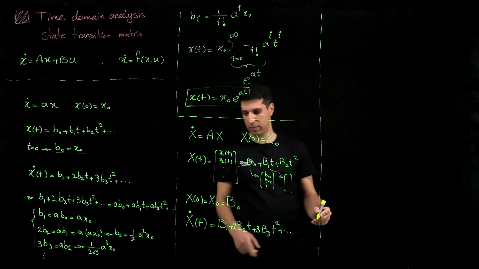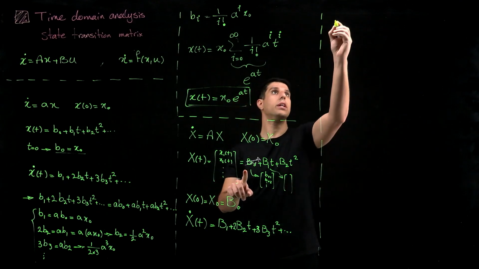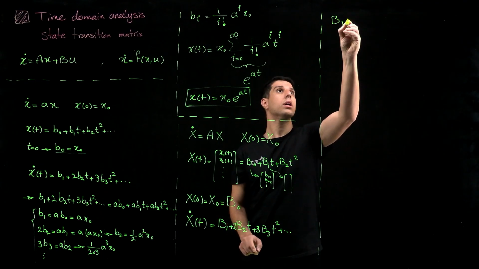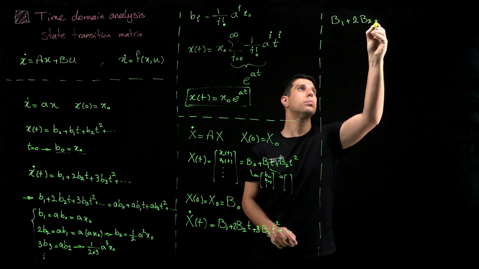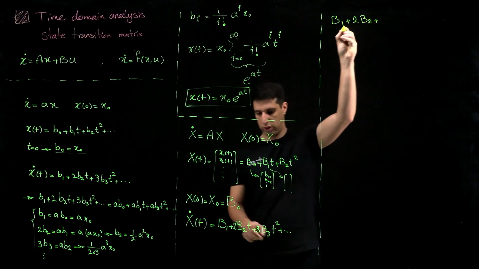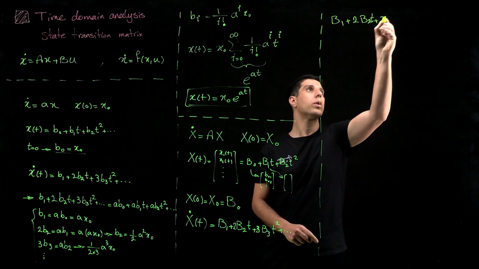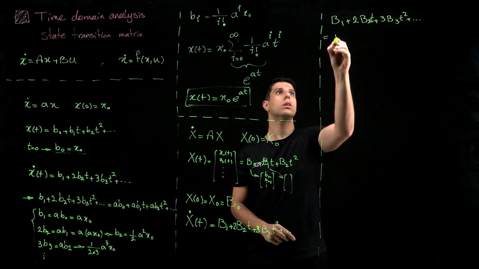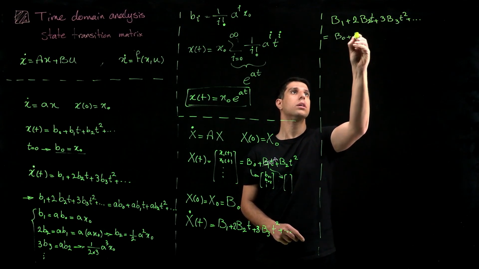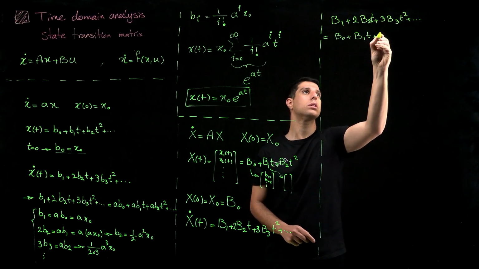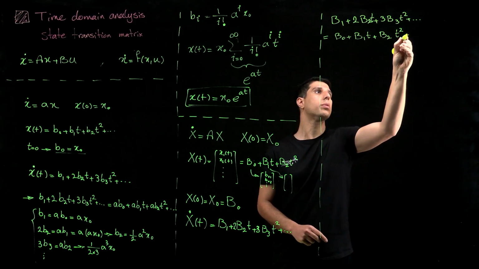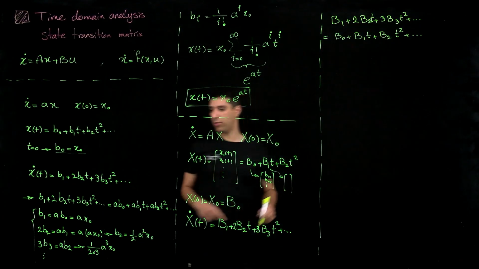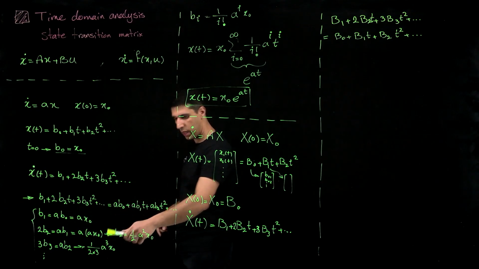B1 plus 2 B2 t plus 3 B3 t squared plus dot dot dot equals A times B naught plus B1 t plus B2 t squared plus dot dot dot, and then making all of these equal exactly the same way.